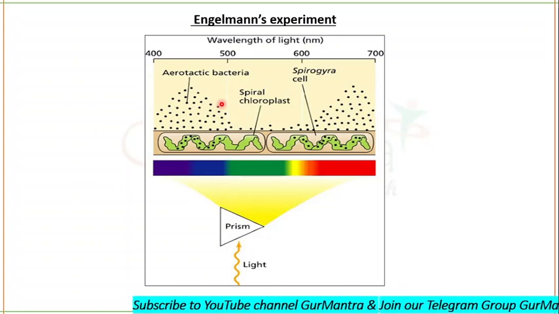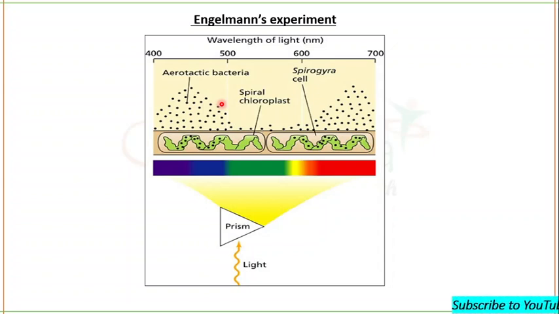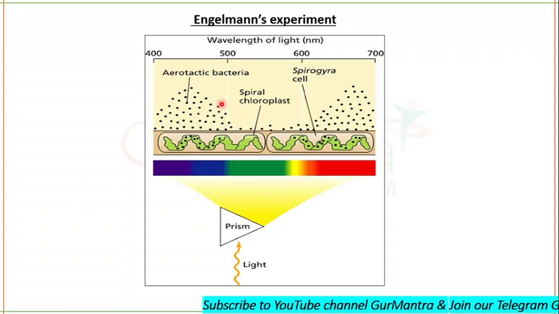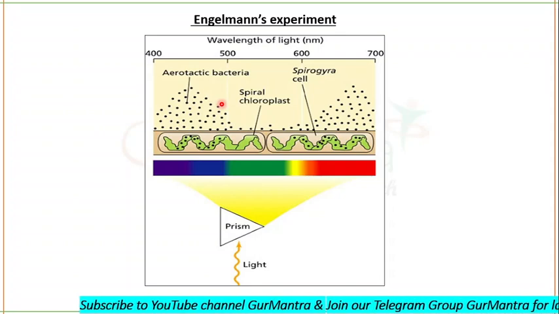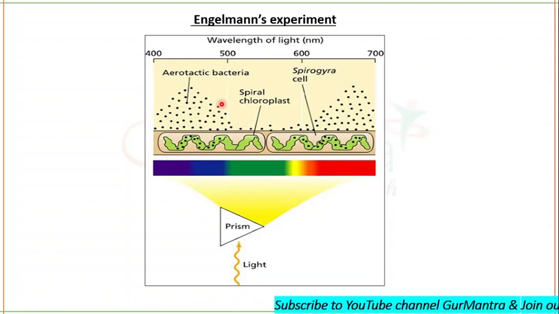Why did he use this aerobic bacteria? Because we know that aerobic bacteria will concentrate at the positions where there is more oxygen. That is how we will come to know about the rate of photosynthesis, in which light there is maximum photosynthesis.